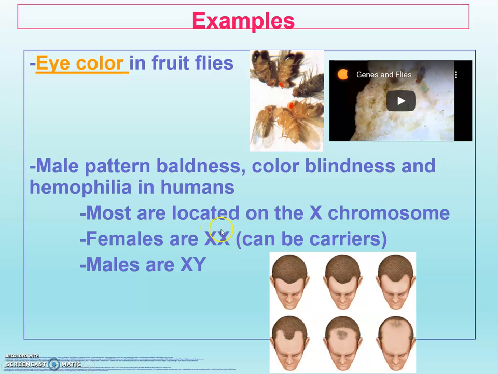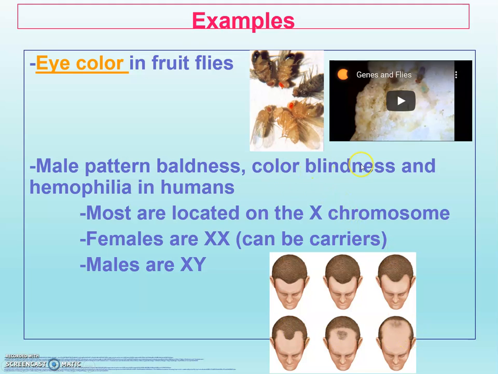So X big B, we're golden, we have hair. Females can be carriers, that's heterozygous. So that's X big B, X little b. So again, big B, little b, we're safe. We're carrying the allele for baldness, but we've got hair. But a female could be X little b, and then she would have this male pattern baldness.